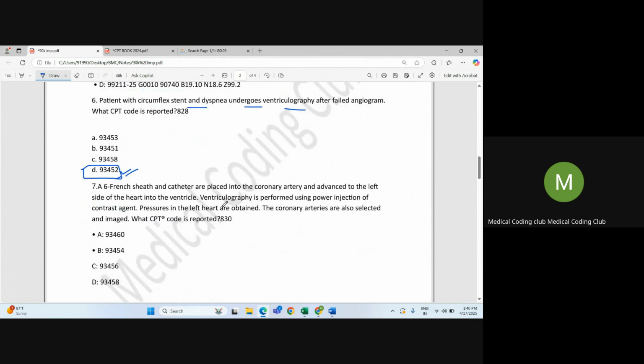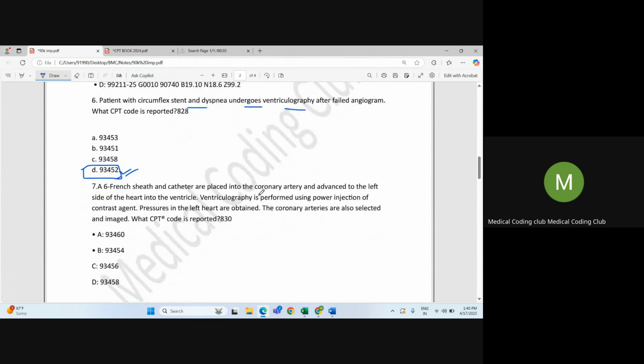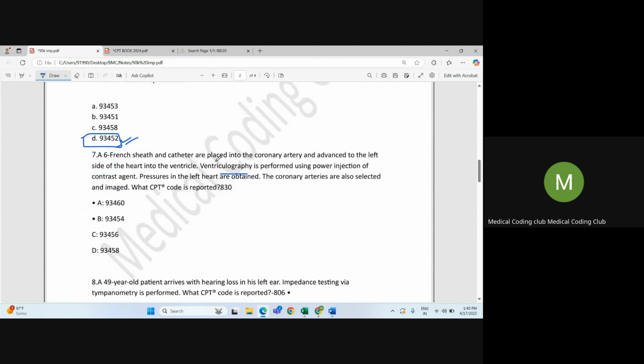And in the same way, one more question. This is again regarding ventriculography only, but here it is utilizing a catheter.